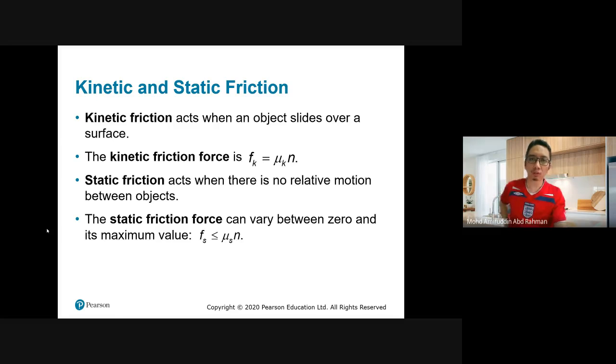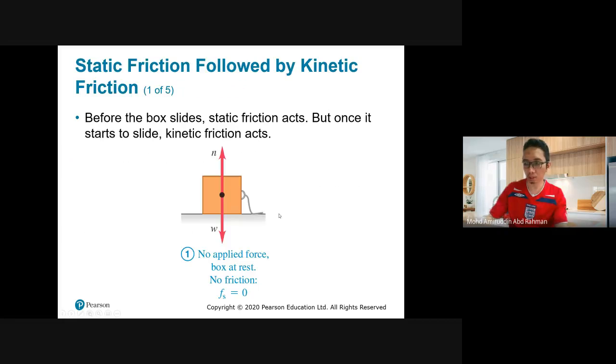The static friction is followed by the kinetic friction. Because the object is first at rest, we have the static friction first. Before the board slides, static friction acts, but once it starts to slide, the kinetic friction acts. Look at the box there.